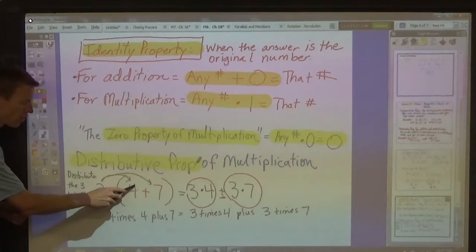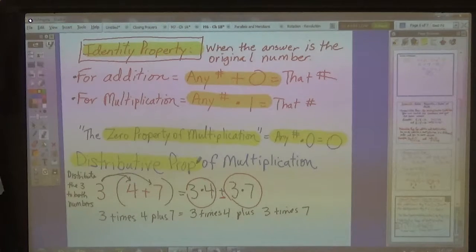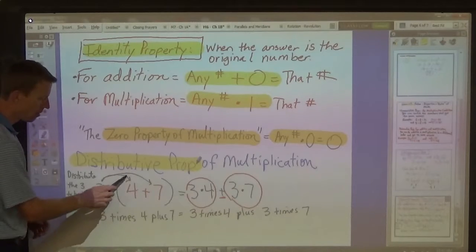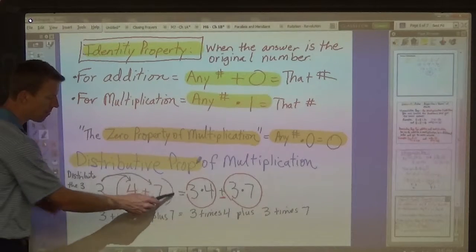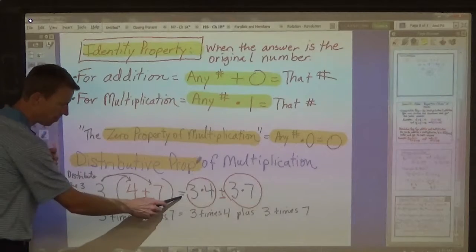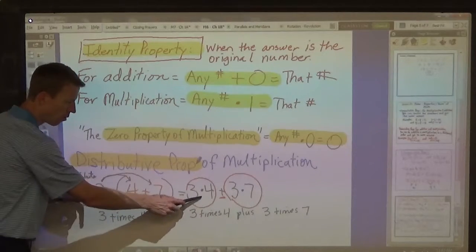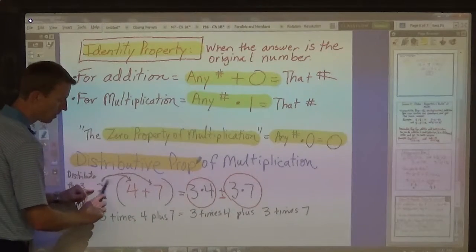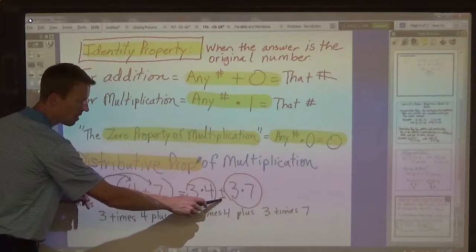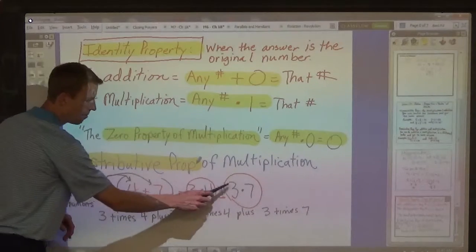So you have to distribute the 3 to each number. That's why it's called the distributive property. So 3 times the quantity 4 plus 7 is equal to 3 times 4 plus, and the plus sign stays there, 3 times 7.